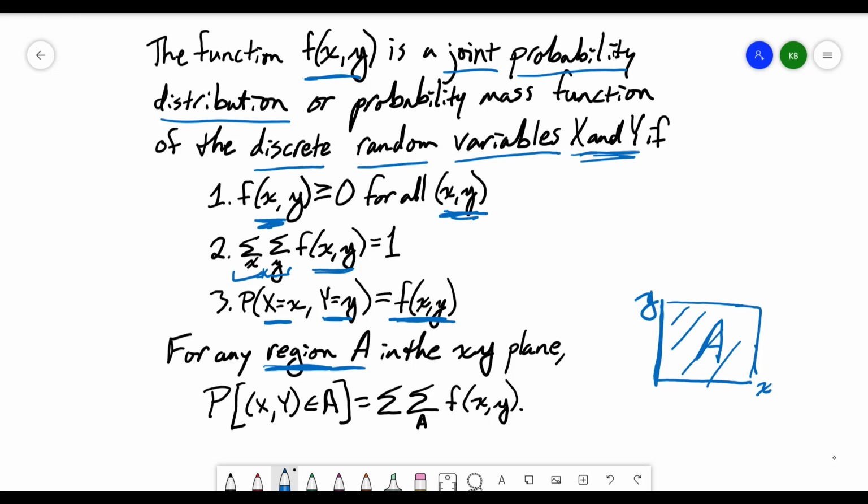All right, so if I want to know the probability that my discrete random variables x and y take on a value somewhere in this region, I'm going to actually sum over all of the xy coordinates in that region the value of the function at those coordinates, and I'm going to find that total probability.